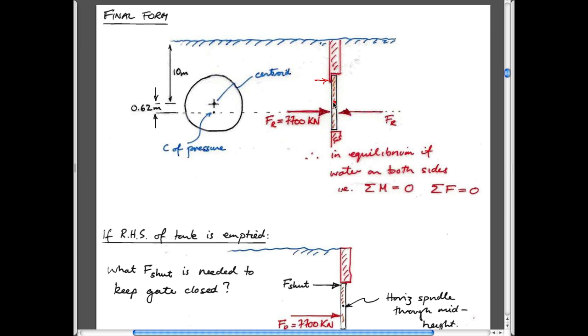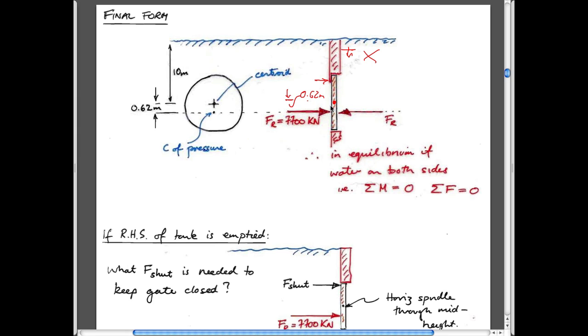So this is the geometry we have. This is the pivot point. This distance here is 0.62 meters. And now we want to know, if you drain out the water from this side, what happens to the gate? Well, we have to have a little stop here. So as we drain this water level down until it's out of the picture, then we only have fluid on the left-hand side.